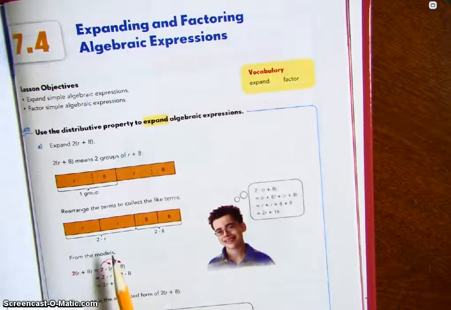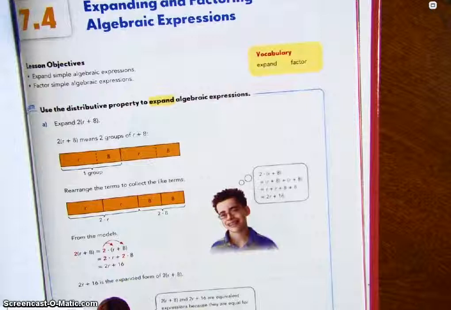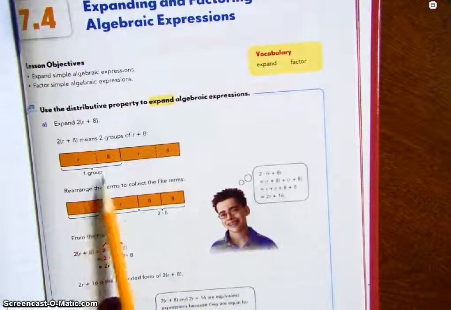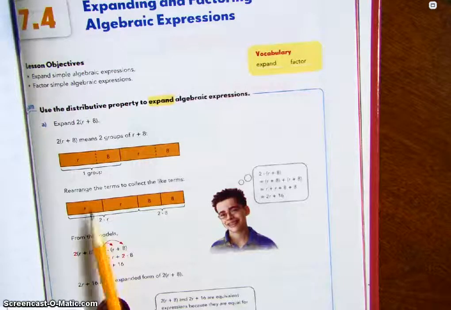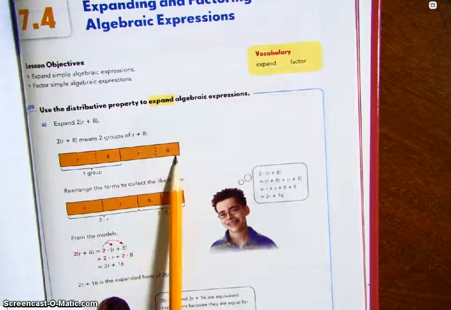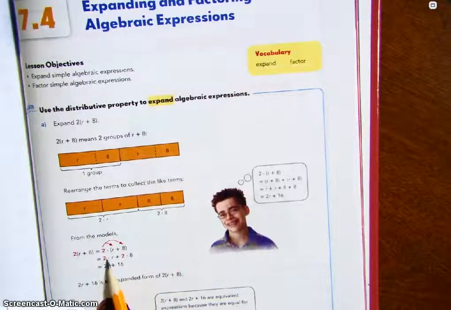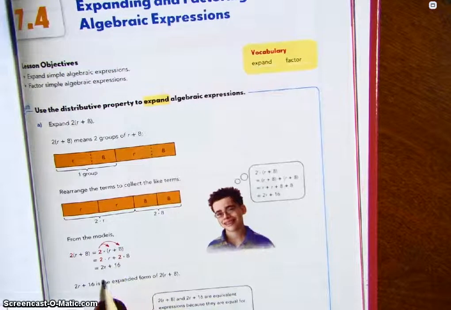So remember, like we learned in our entry task this morning, I need you to show your work and show that you're expanding it out, just like this: 2 times r plus 2 times 8, and then do the actual combination of 2r plus 16.